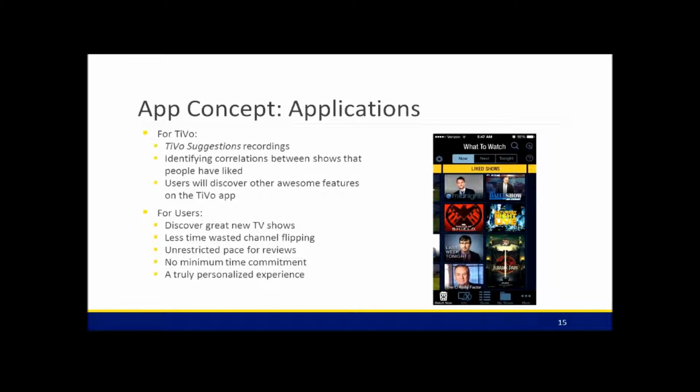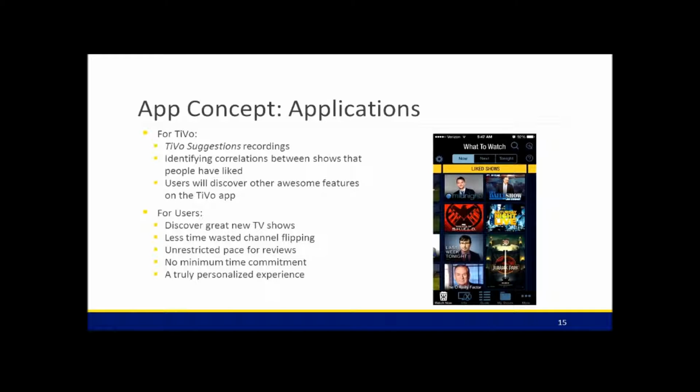What this means for Tivo is that Tivo will get more suggestions on recordings, and they will be able to identify correlations between many liked shows. This also means that the user will be able to explore a lot of awesome features on this app and discover really awesome TV shows, and as mentioned earlier, they will not have to surf through channels, flipping through them and wasting time.